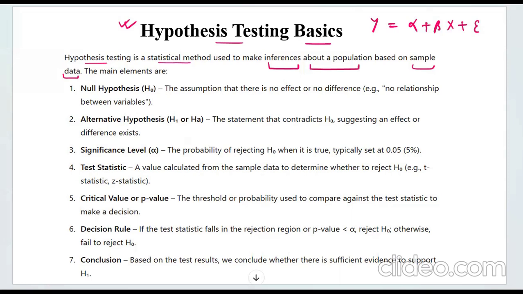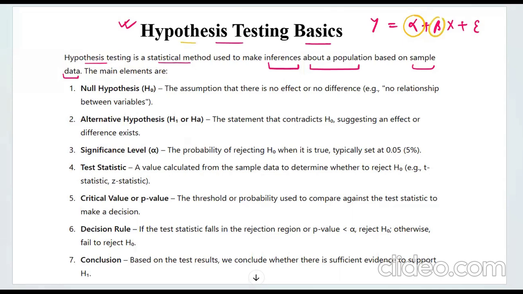Now you, as a researcher or an econometrician, want to know: is your intercept parameter significant or not? Do we need to include this intercept parameter in our model or not? Does it have any statistical significance? If you want to test that, you will use hypothesis testing.